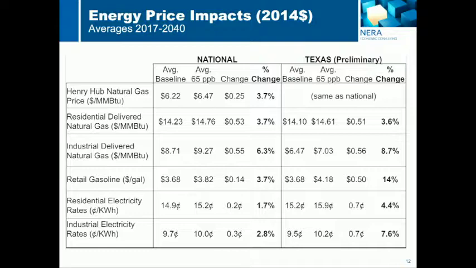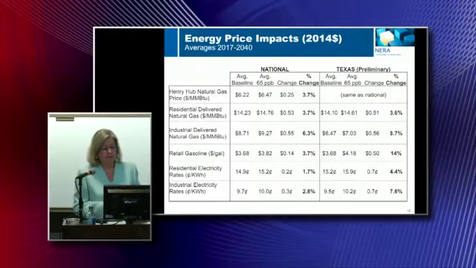Sort of for the delivered gas prices, depending on whether you're residential or an industrial customer, because they face different margins in the way these retail prices are calculated, can be 4 to 6%. In Texas, we're seeing the industrial delivered gas price rising as high as 8.7%. So it's pretty significant impact.